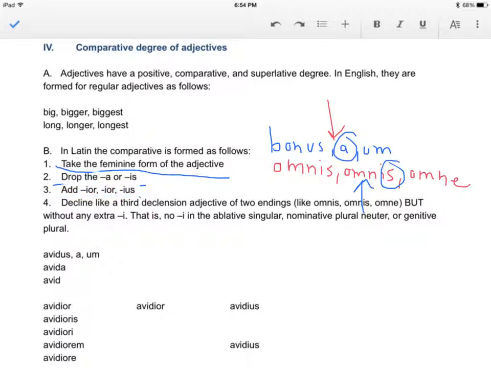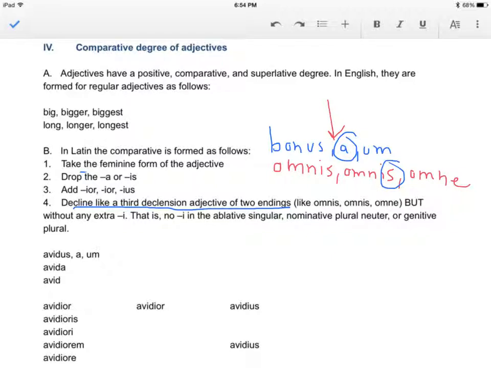Those are the masculine, feminine, and neuter endings in the nominative singular for the comparative adjective. After you add them, you decline it like a semi-regular third declension adjective of two endings, just like omnis, omnis, omne.